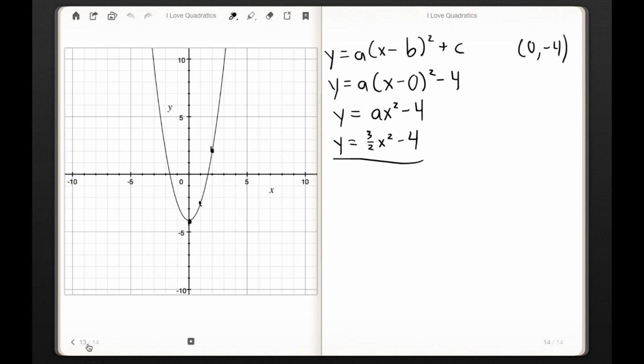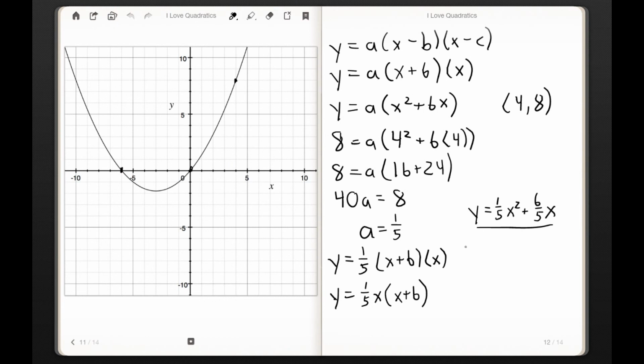And as we saw with the previous problem, this form right there is the vertex and the standard form. Sorry, not the standard form. This is the, no, sorry, I'm getting confused now.